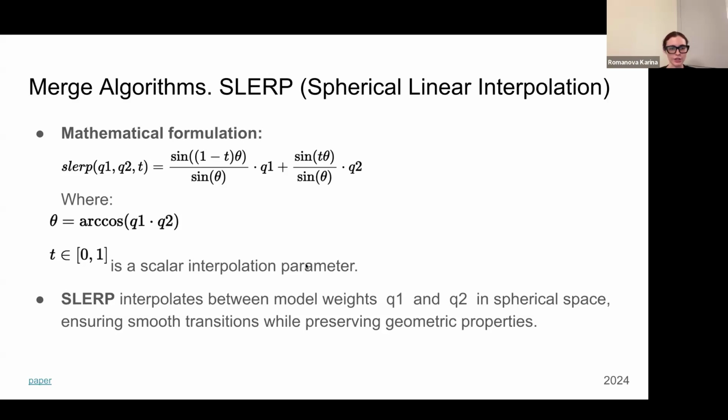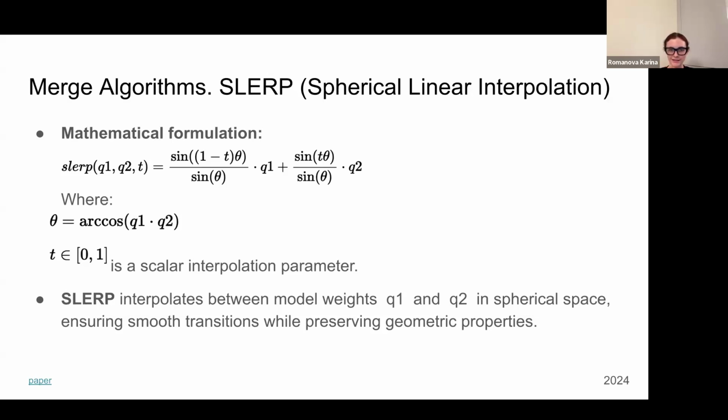Spherical linear interpolation improves upon linear interpolation by interpolating along the shortest path of a hypersphere. This method preserves the geometric properties of the parameter space, leading to smoother transitions between models.